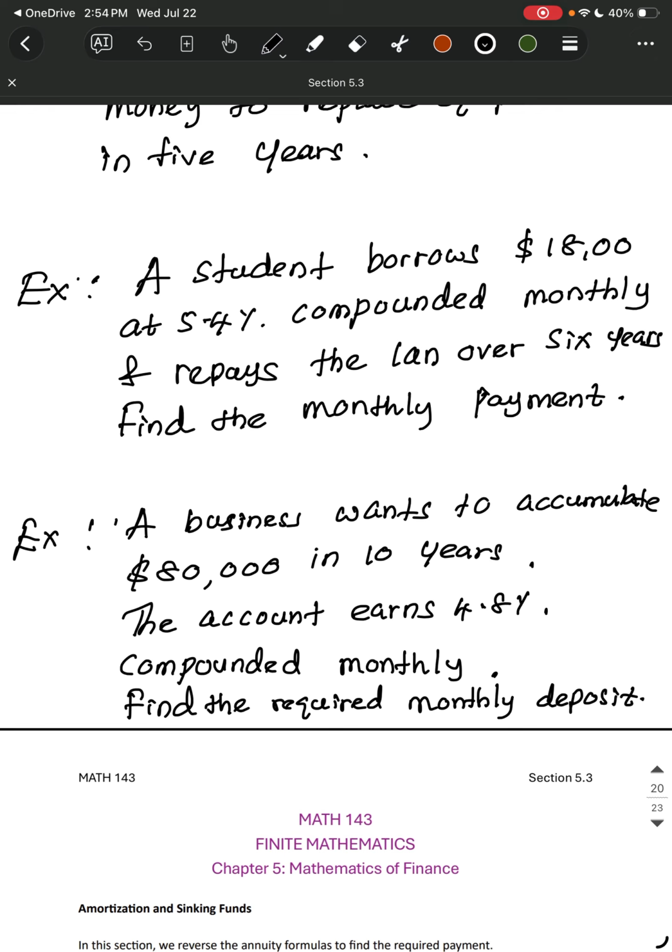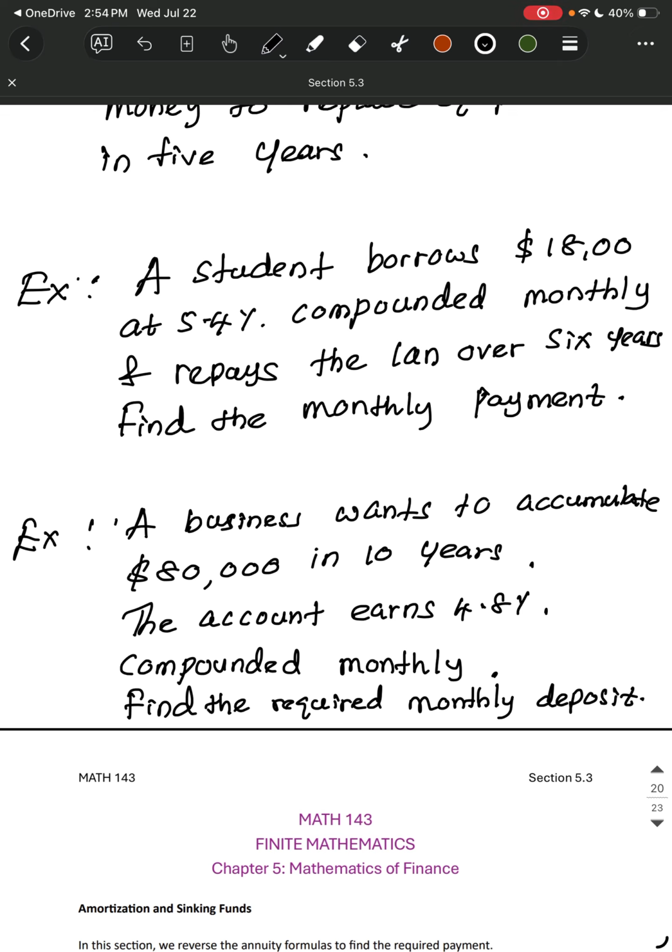Forgetting to convert the annual percentage rate into decimal form. Forgetting to divide the annual rate by the number of periods per year. Using the number of years n instead of the total number of payments. And rounding too early. So keep several decimal places during the calculation and round only the final payment to the nearest cent.